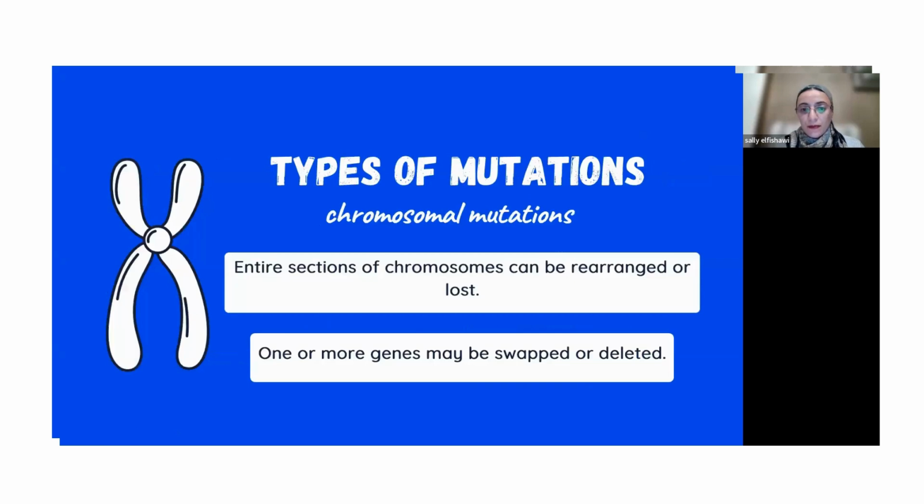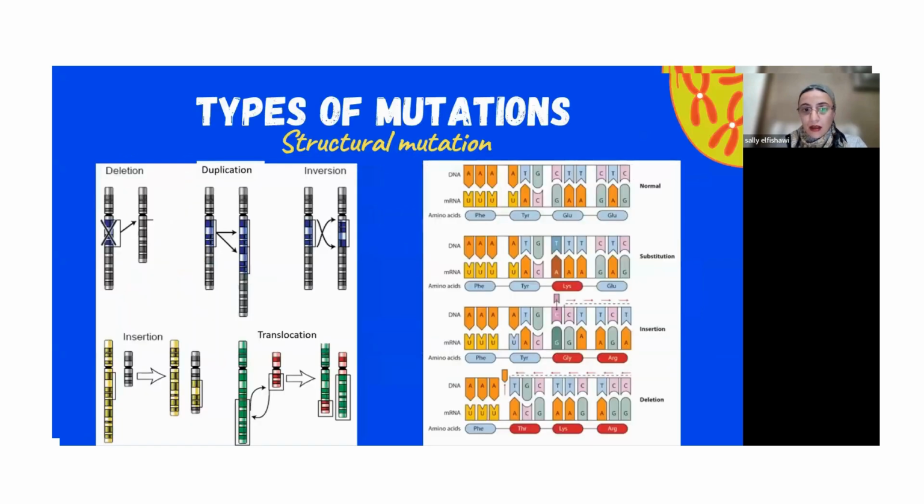And there are the chromosomal mutations. They take an entire section of the chromosome. It might be deleted or duplicated, and as Dr. showed us in the cytogenetics, it is a structural mutation that takes a large amount of DNA.